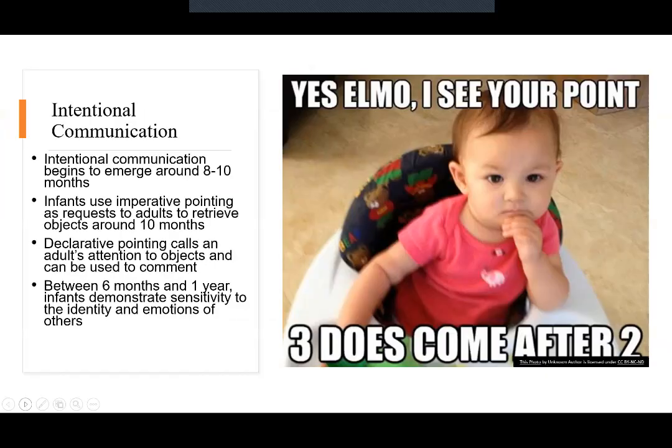All right, so I thought this was pretty funny. Intentional communication is when infants really start to use their communicative skills, like showing an object or throwing an object, or vocalizing to get the attention of an interactional partner on purpose to see if they can engage in turn taking.